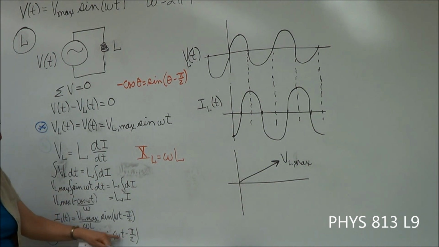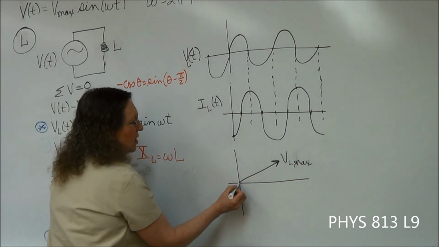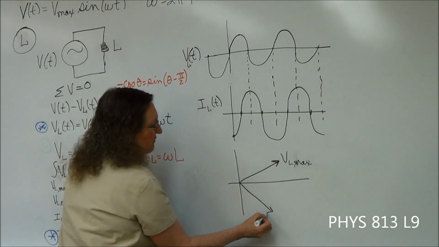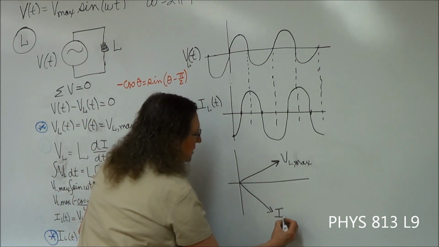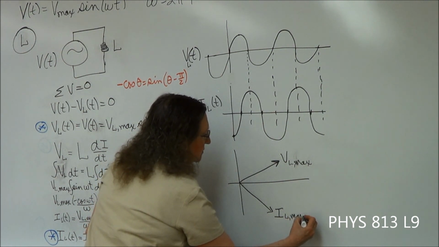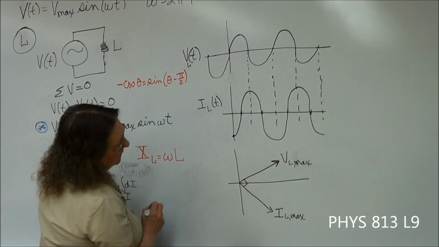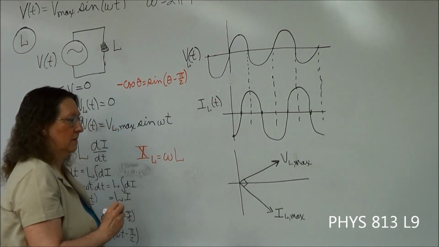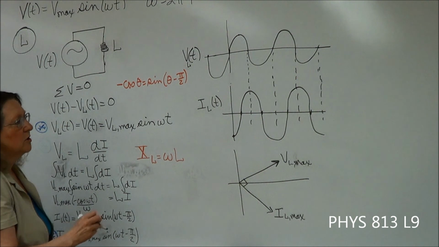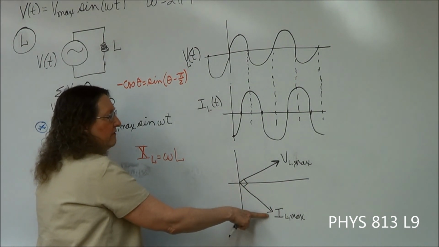At t equals 0, this is minus 90 degrees. Minus 90 degrees is down this way. So I'm going to draw my current vector here. Current inductor max. And this is 90 degrees. It doesn't look quite like it's 90 degrees on the board, but it's supposed to be. So now we have our voltage vector up here, and we have our current vector here.